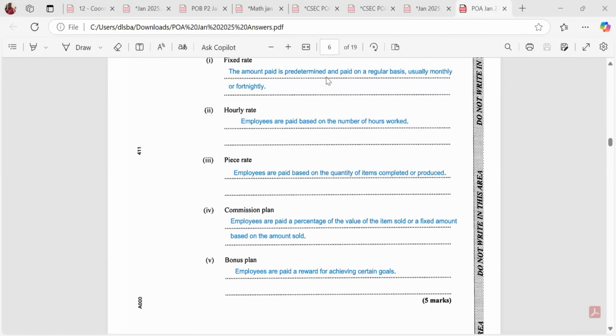Is it the same thing for Geneva? I'm not sure. I guess some may have a commission, but some may also just have salary. And then bonus is when you get paid a reward in addition to your income, most likely for accomplishing a certain goal.